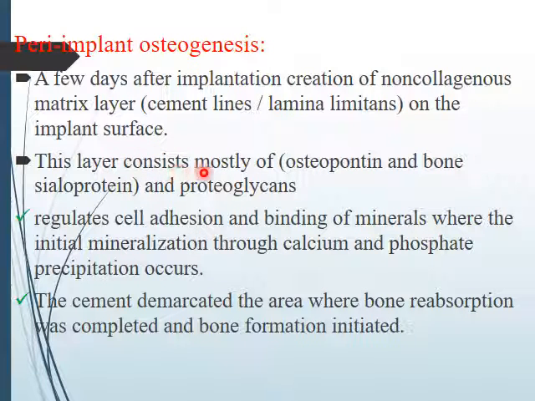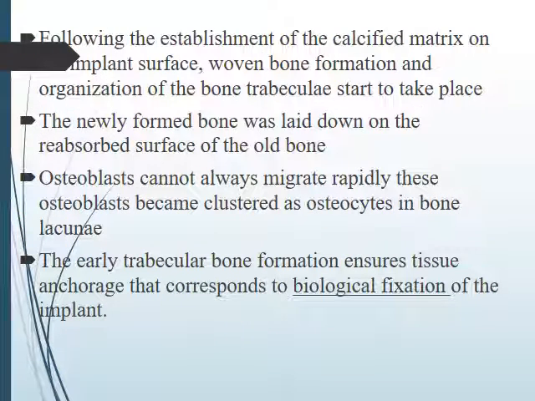This layer consists mostly of osteopontin, bone sialoprotein, and proteoglycans. It regulates cell adhesion and binding of minerals, where the initial mineralization through calcium and phosphate precipitation occurs. The cement line demarcates the area where bone resorption was completed and bone formation initiated.